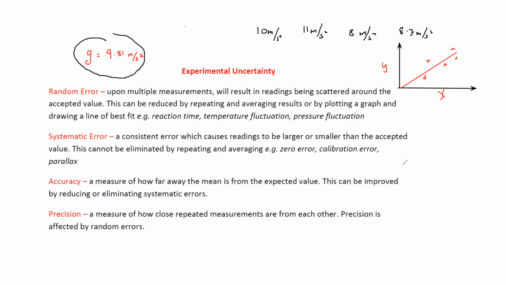So when the readings are there, how can you identify it? Say this was the result of student A, who performed the experiment and got 10, 11, 8 and 8.7. He's getting higher values and also lower values, so this result has a random error.